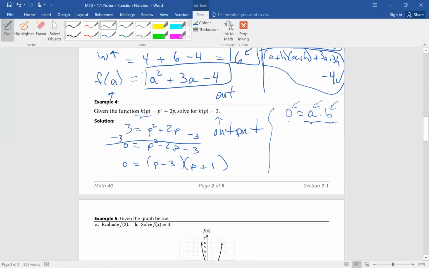So that zero product rule I can use here and say, hey, either this quantity or that quantity has to equal 0. So what you see me write a lot of times, here 0 equals p minus 3. Again, I'm running out of room. If I move the 3 over, plus 3.